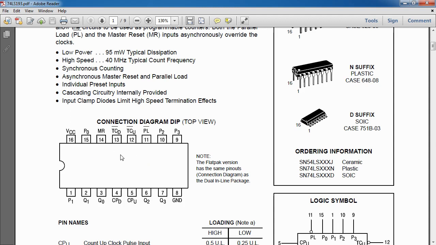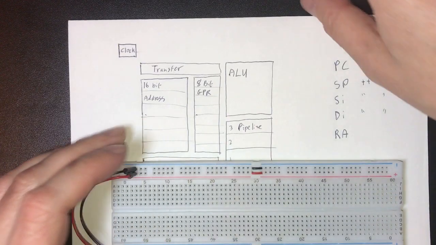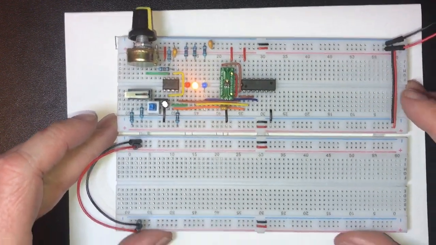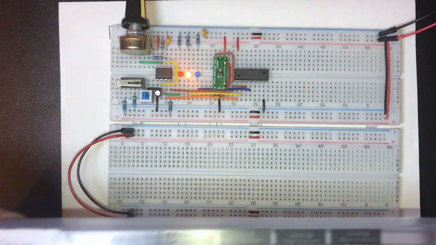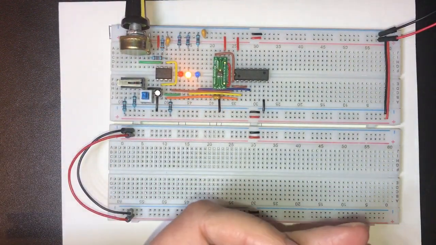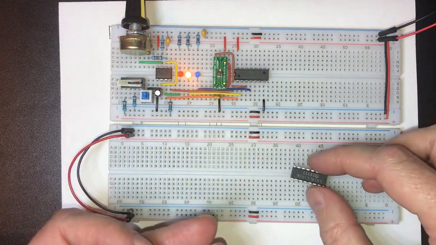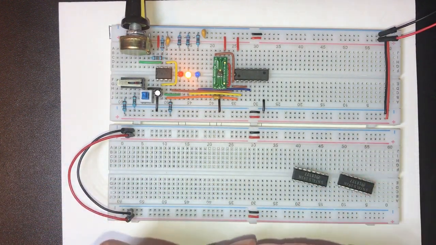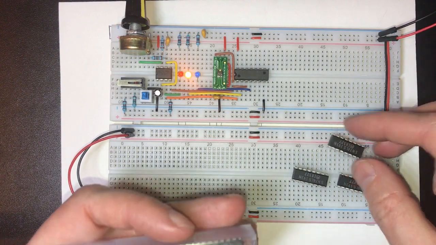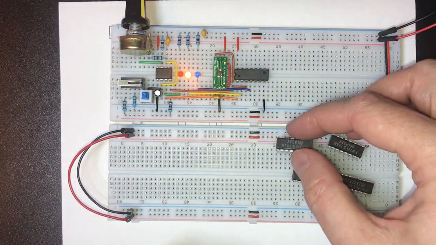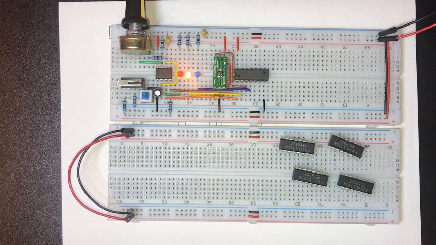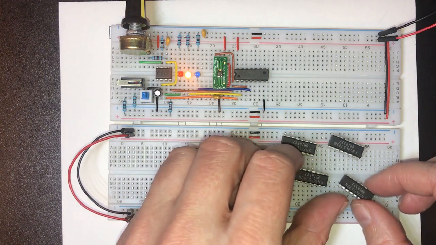So this will handle 4 bits, and we'll need 4 of these to implement a 16-bit register, or at least a counting portion of the register. So I managed to get a few of these. Let's just worry about one of them for now.